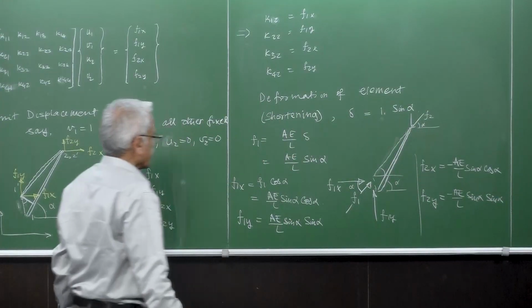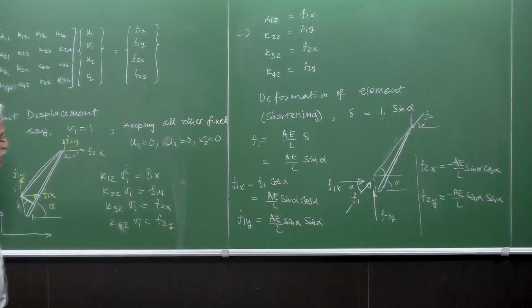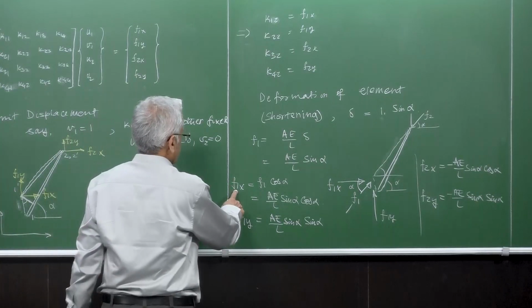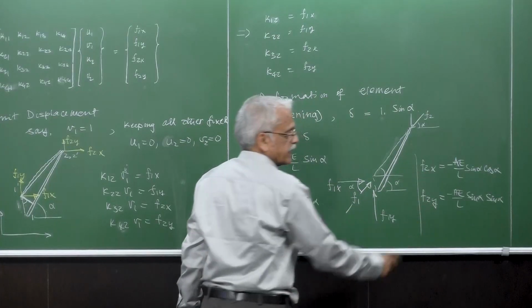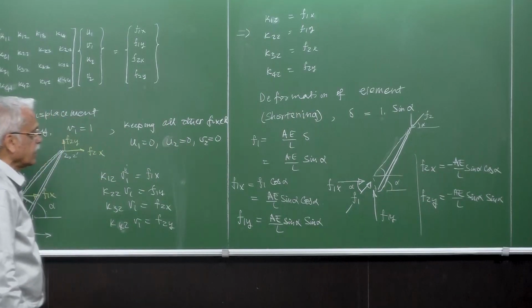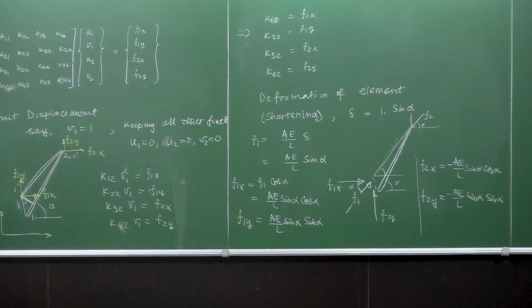So like this, we are able to get K12, K22, K32, and K42, right? Similarly, we can also find all the other members of this matrix.